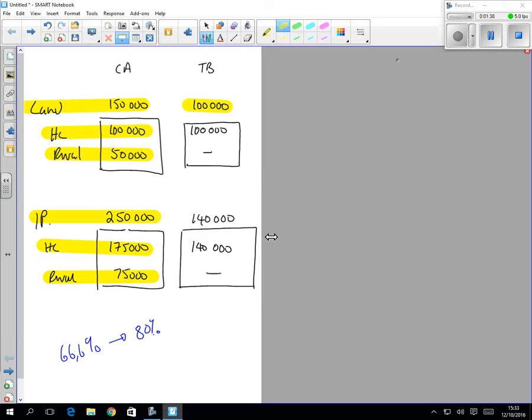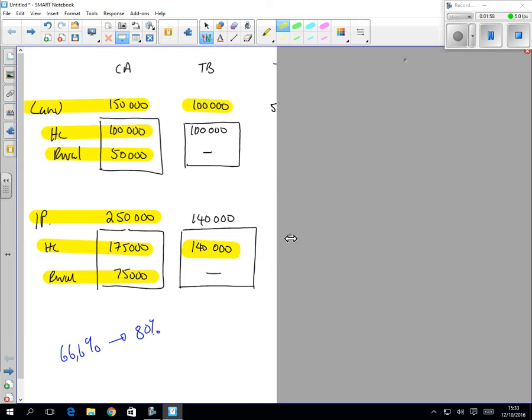I've assumed the allowance is 10% per annum, and the asset is 2 years old. That is to say, 35,000 in wear and tear has been granted, which means a further 140,000 in wear and tear will be granted over the life of the asset.